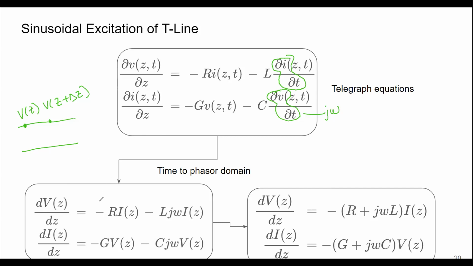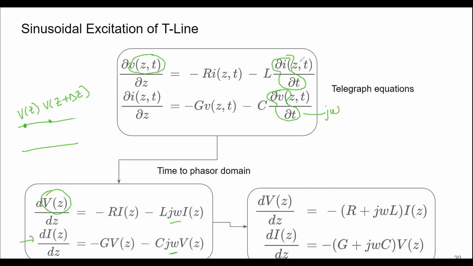Right? So then you can obtain these equations once you substitute VZ instead of V(z,t). You take VZ and then you substitute j omega in place of the partial derivative ∂/∂t. And then similarly for the current, you can do the same thing and obtain this equation with respect to current IZ and j omega VZ.